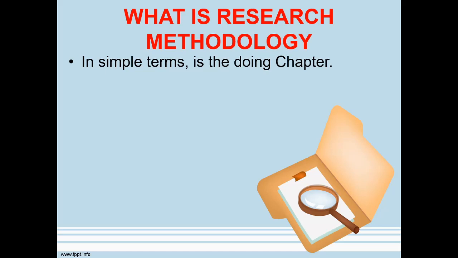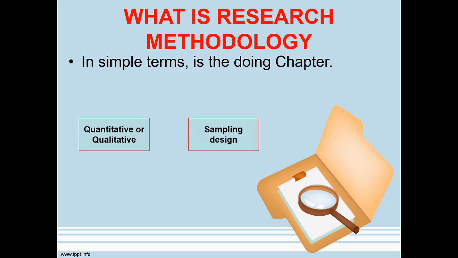For example, how did the researcher go about deciding on 1, what data to collect and what data to ignore, which can be captured under the umbrella of quantitative or qualitative data. 2, who or where to collect this data from in research, and this can be captured as sampling design.